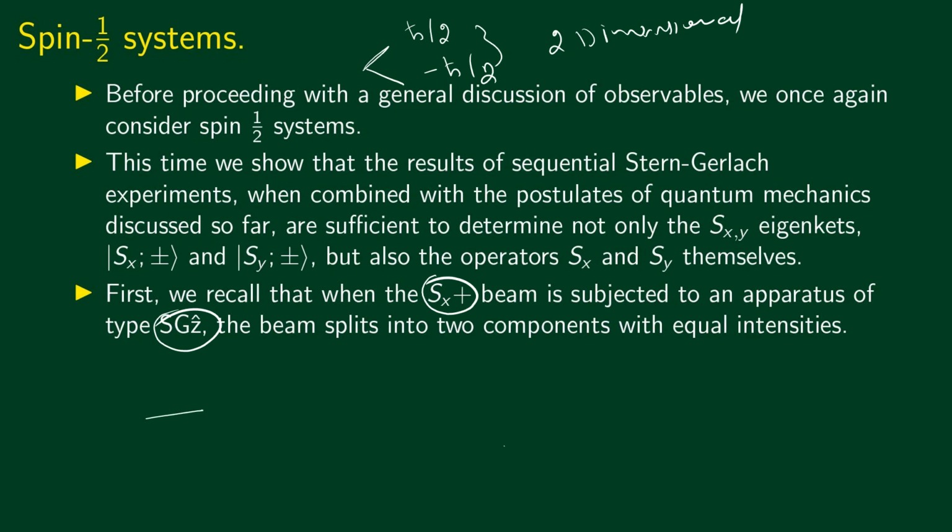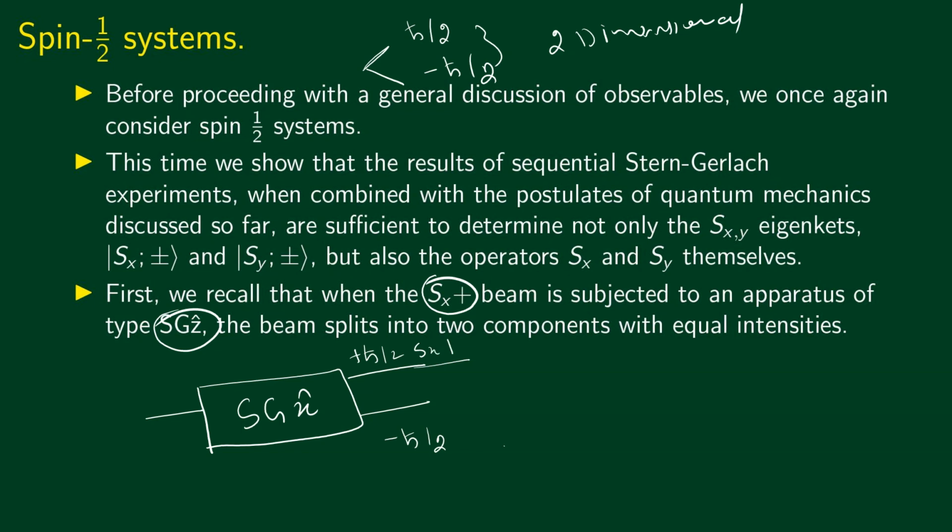You send this beam of silver atoms into an apparatus of the type SGX hat. There are two outcomes, one corresponding to plus h bar by 2 and the other to minus h bar by 2. We can call these the Sx plus beam and the Sx minus beam.